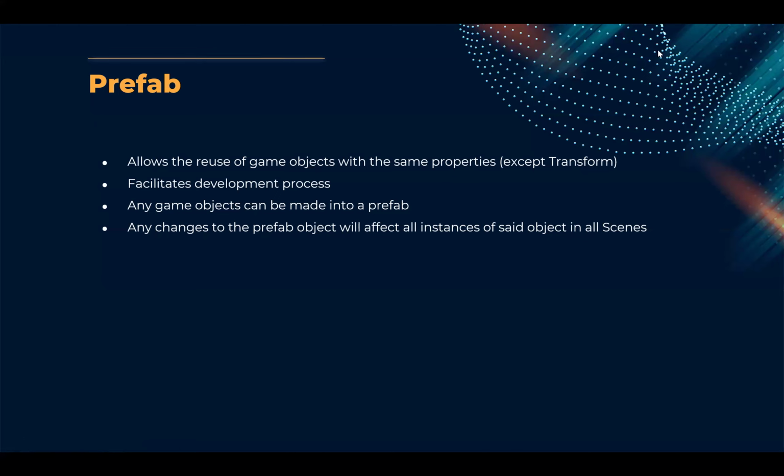So what a prefab is that it allows us to reuse the game objects that have the same properties and components attached to it, except for the transform field, which means we will be able to reuse game objects that have the same collider sizes, the same scripts attached to it, the different types of animations attached to it, just in a different position inside of the game scene.